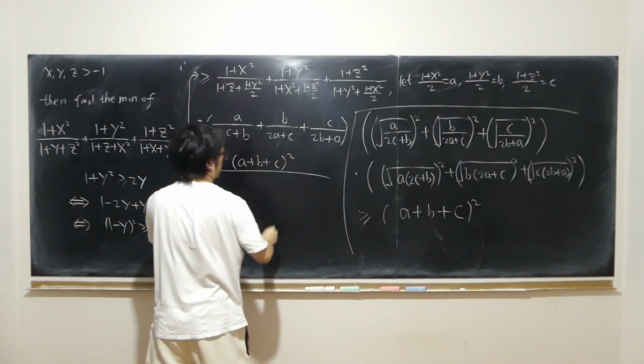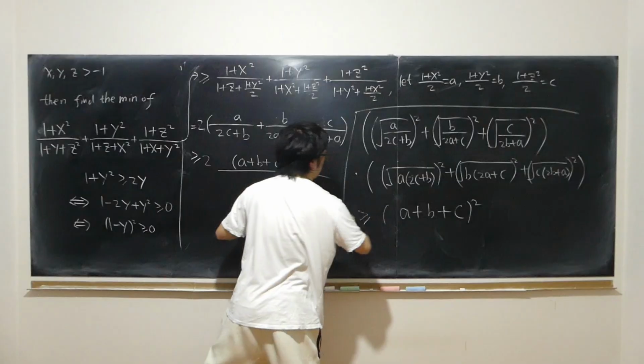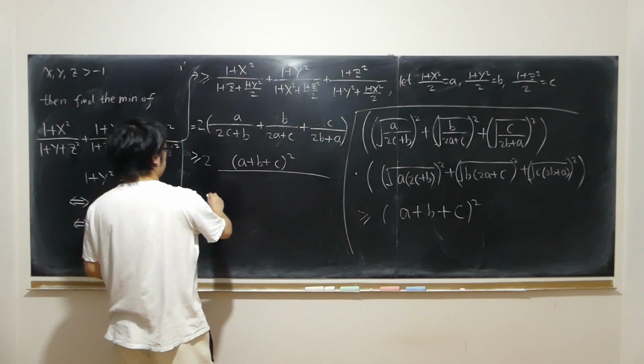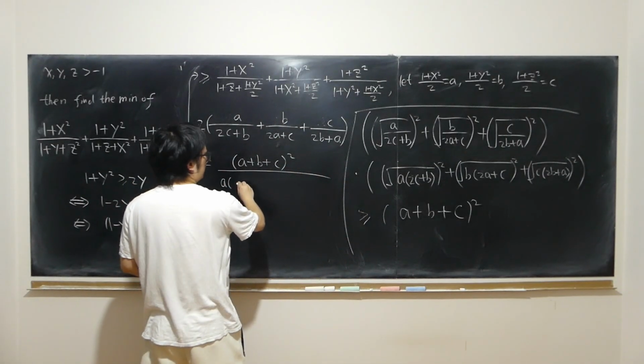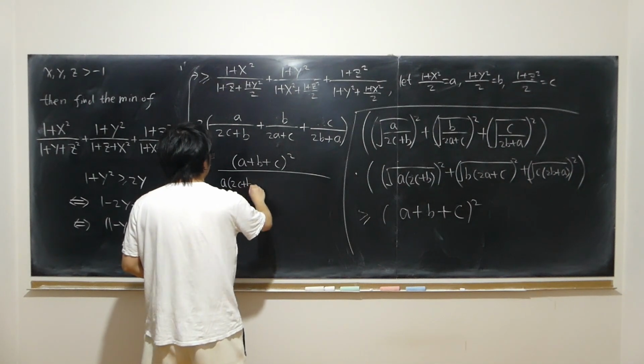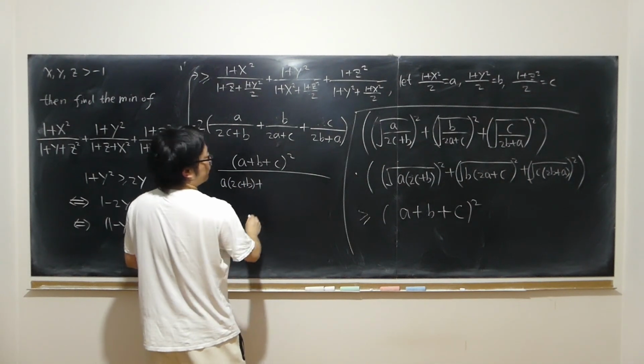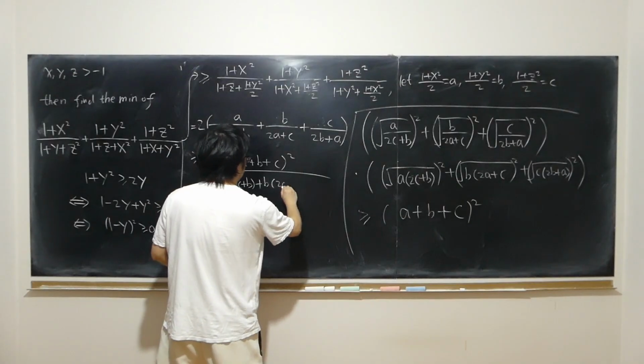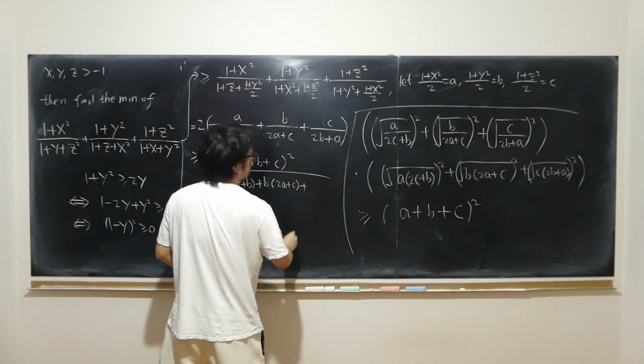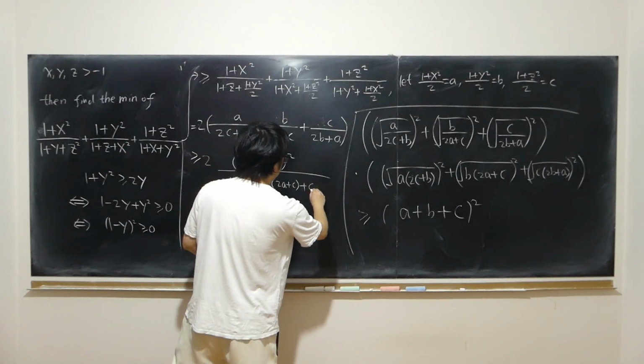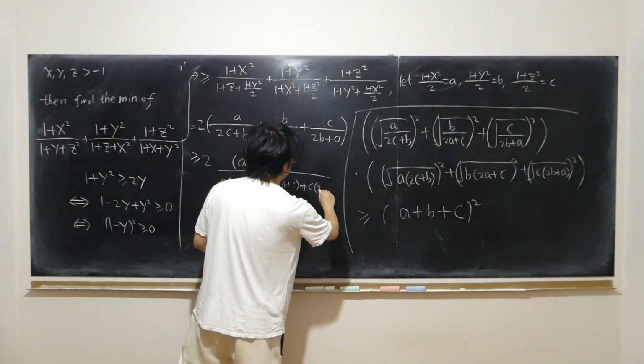The bottom now has this whole thing: a times 2c plus b, plus b times 2a plus c, plus c times 2b plus a.